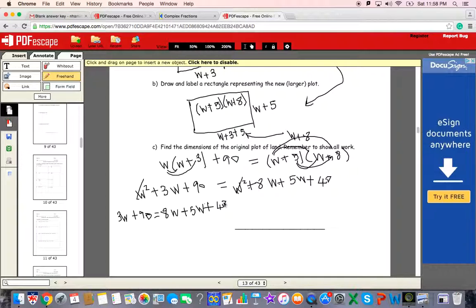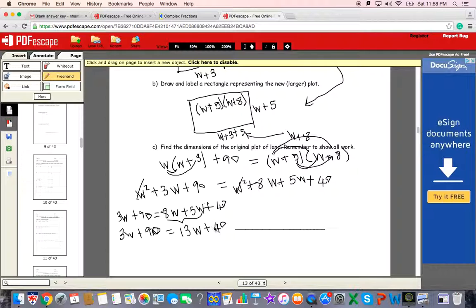I would like to join my like terms over here because that looks annoying. So I'm going to write 3W plus 90 equals 8W plus 5W is 13W plus 40.